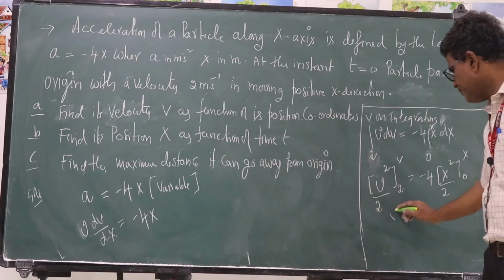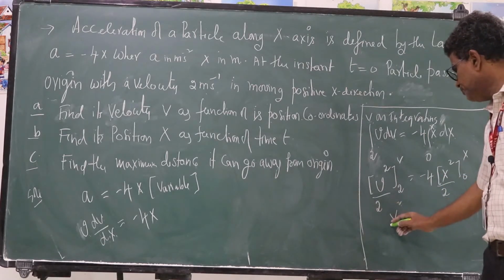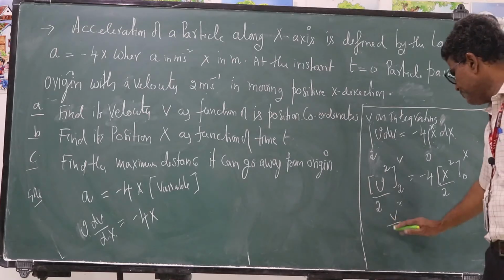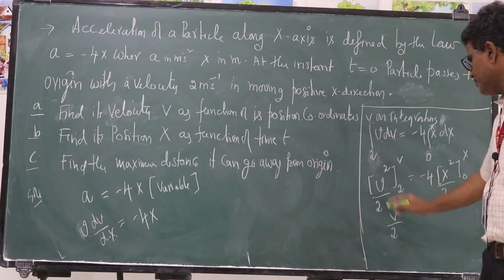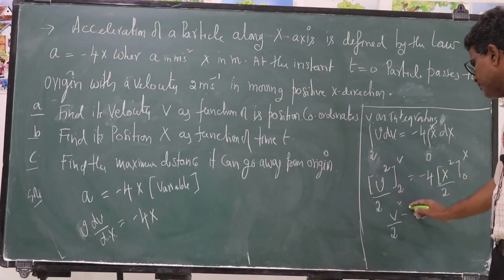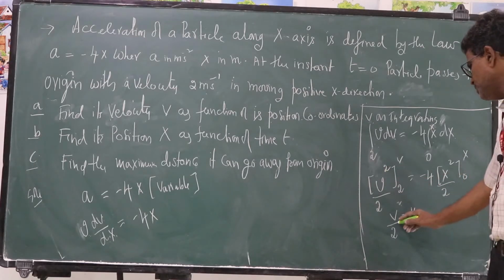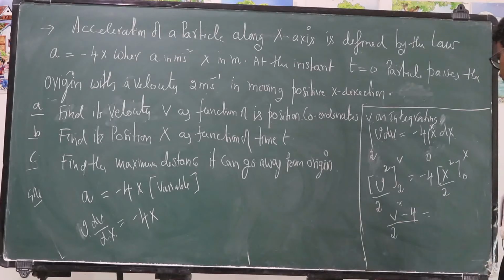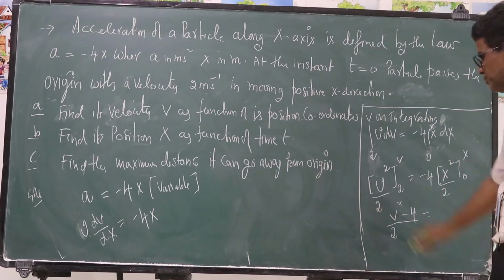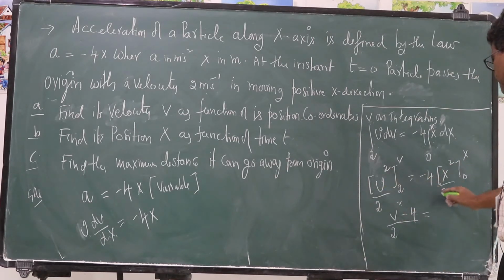After integration, you substitute the limits, upper limit minus lower limit. v square by 2 minus 2 square by 2, that is 4 by 2 which is 2, is equal to minus 2 x square minus 0.